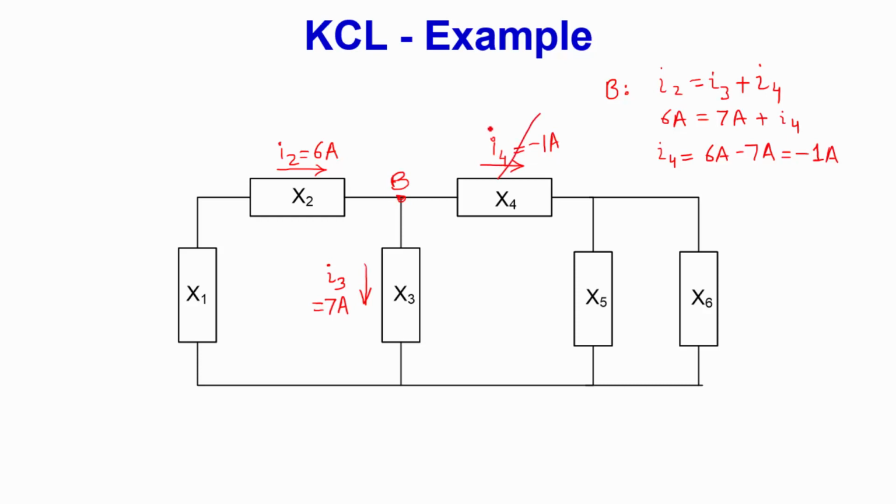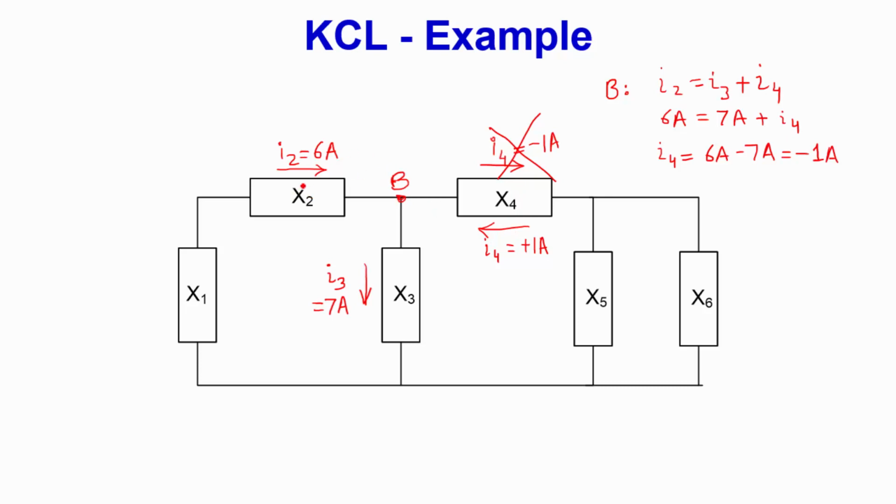So instead of writing this, which is not the preferable way, we reverse the direction of current and we write I4 equals, instead of minus 1, now since we have reversed the direction of current, we would call it plus 1 ampere. So coming out with the negative value for the current means that our original assumption for the direction of current was incorrect, so we have to reverse it.